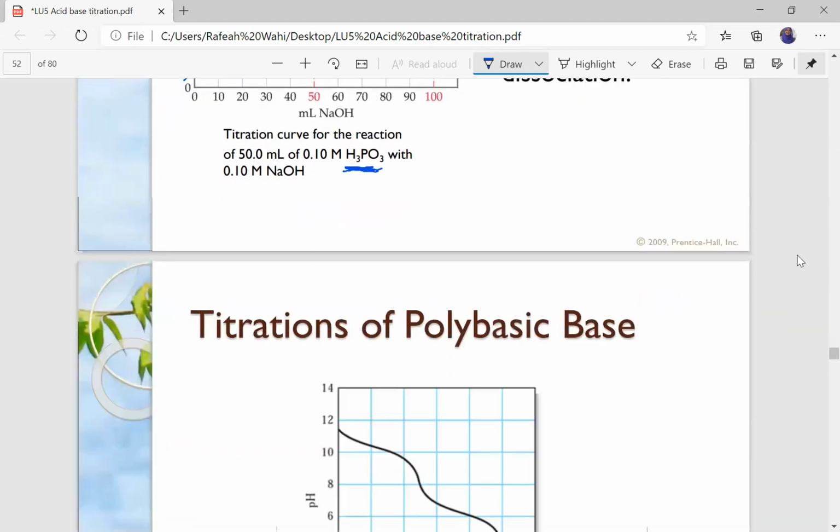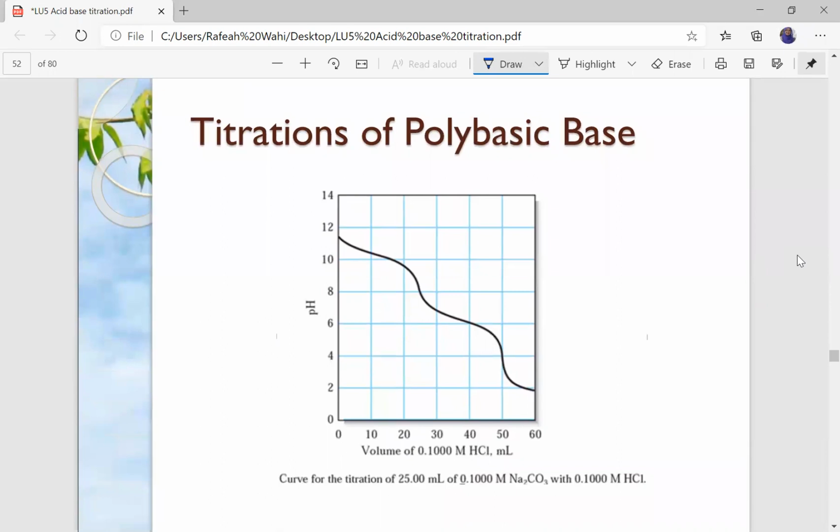If you look at another case, where we have a titration of a polybasic base, let's say a titration of Na2CO3 with HCl, Na2CO3 is the polybasic base. From this example, you can see that it starts with a higher pH, which is pH 11, and ends with a lower pH. This is because you start with a base as your analyte.